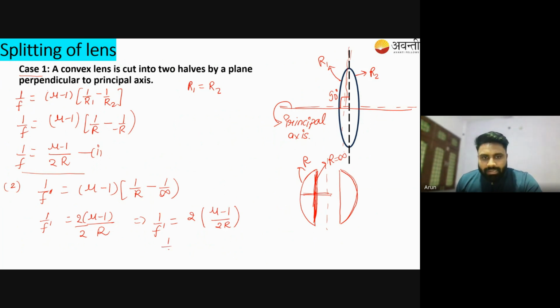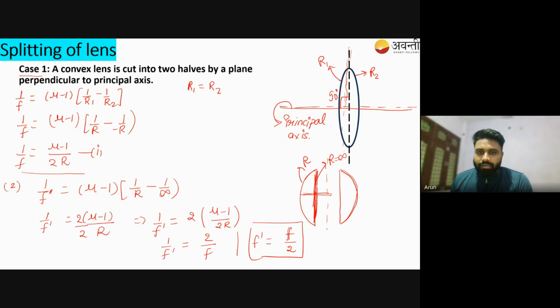So 1 upon f dash is 2 times 1 upon f, which means f dash becomes f by 2. Cutting the lens perpendicular to the principal axis gives half the focus. The focus of the new system becomes half. Okay, got it?